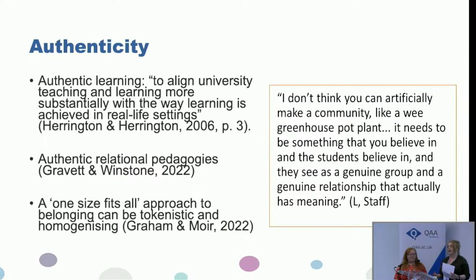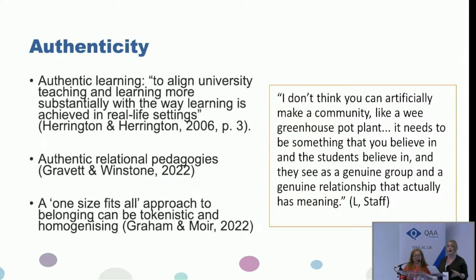So when Jackie and I were thinking about what does this all mean, what does this tell us about what works for belonging enhancement, we alighted on this idea of authenticity. What we thought brings us all together, the thread running through all these findings really, is this idea of authenticity. Our participants really stressed that communities can't be manufactured or imposed by the institution.